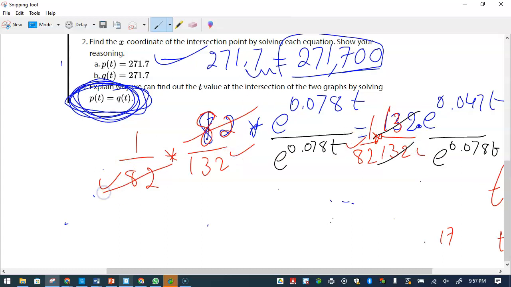So this 82 goes away, and what you end up getting is this thing crosses out, same thing, and then what you get is, yeah, 132.